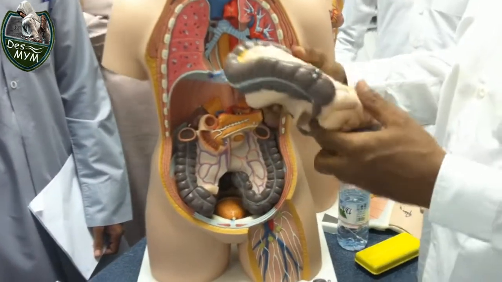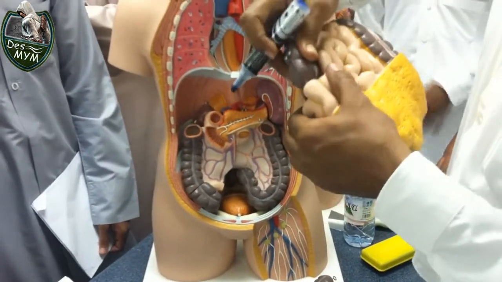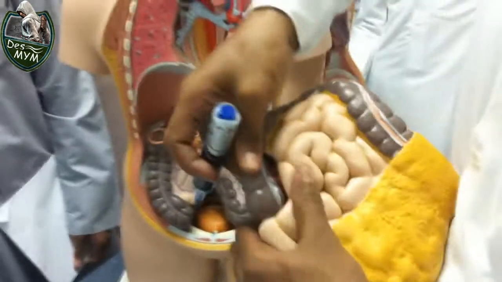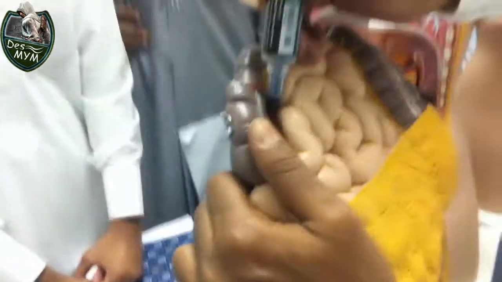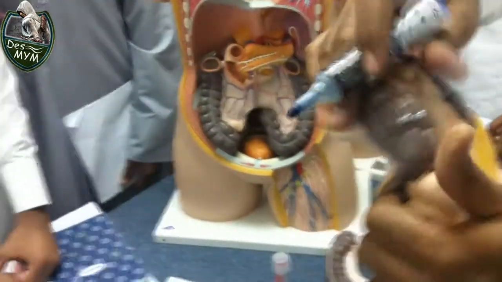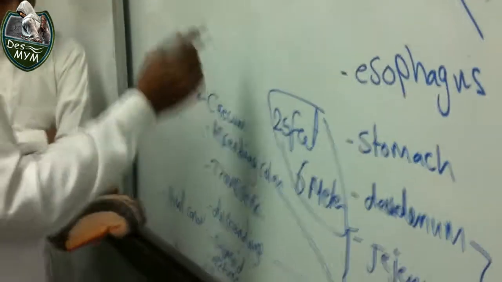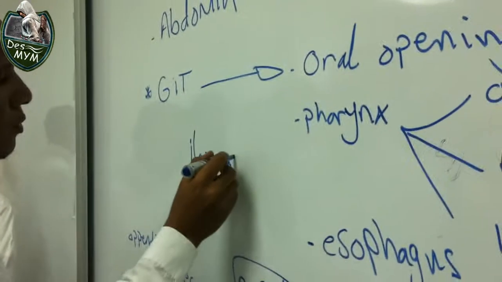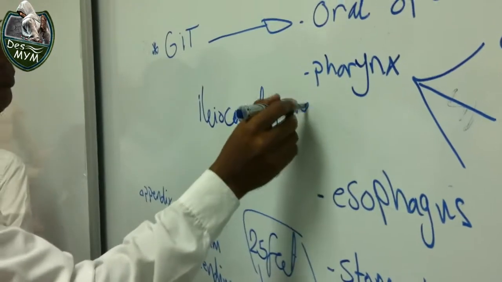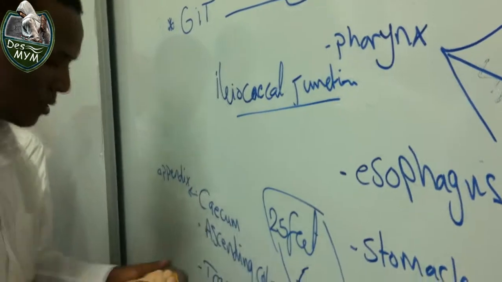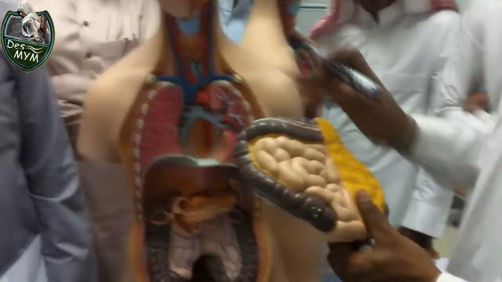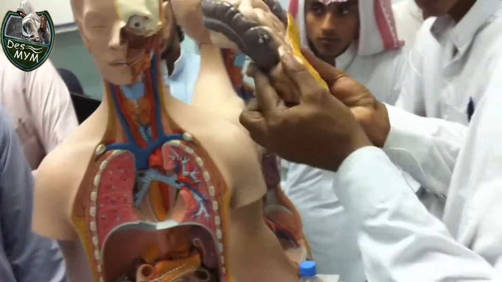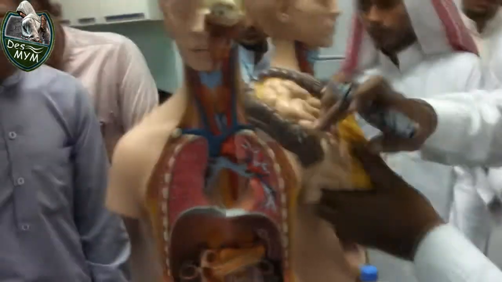Then from the small intestine, the ileum meets the large intestine in this area, known as the ileocecal junction, the junction between ileum and cecum. Then starts the large intestine, which begins with this blind sac, known as the cecum.